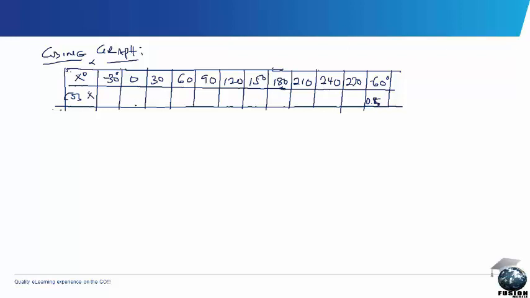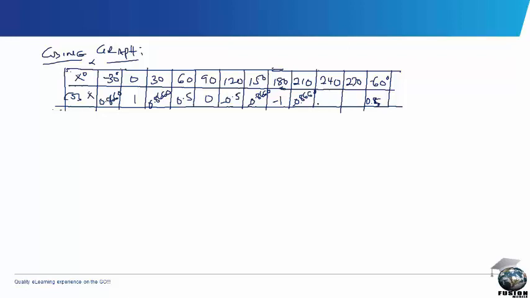For minus 30 we have 0.866, for 0 we have 1, for 30 we have 0.866, for 60 0.5, 90 is 0, 120 is minus 0.5, 150 is minus 0.866, 180 is minus 1, 210 is minus 0.866.